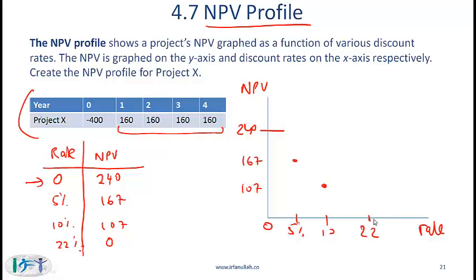There are some important points to note over here. The y-axis intercept is simply the undiscounted cash flows. To come up with these numbers, we simply plugged our cash flow into the calculator along with the relevant discount rate and came up with the NPV. This intercept on the x-axis is the IRR.